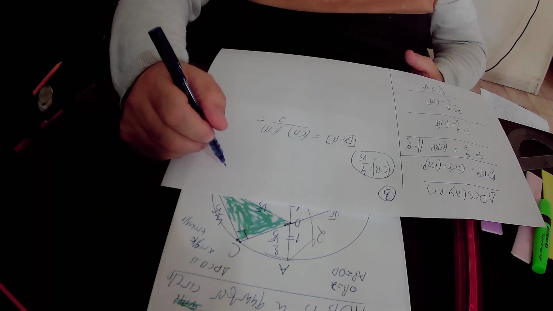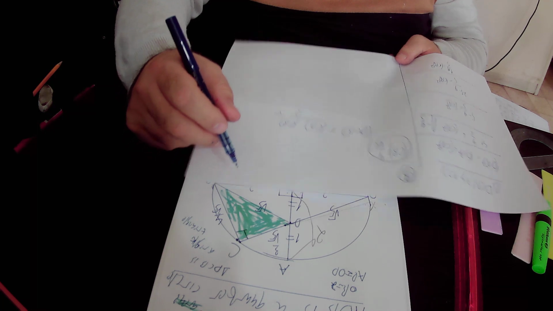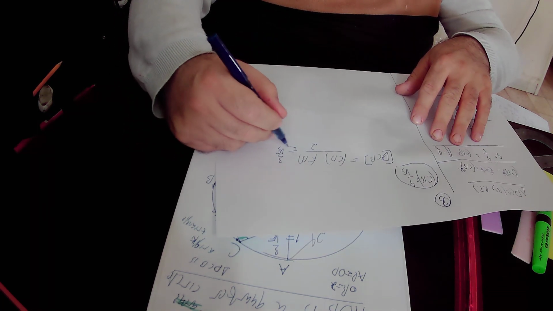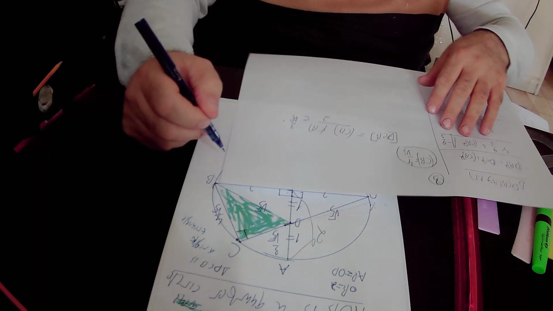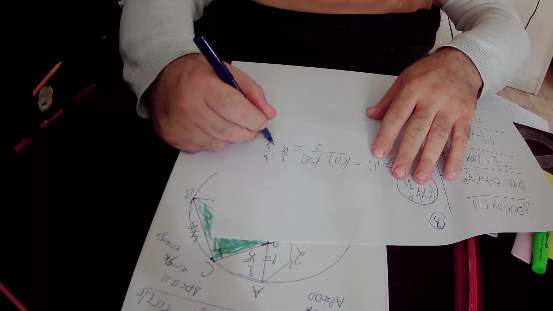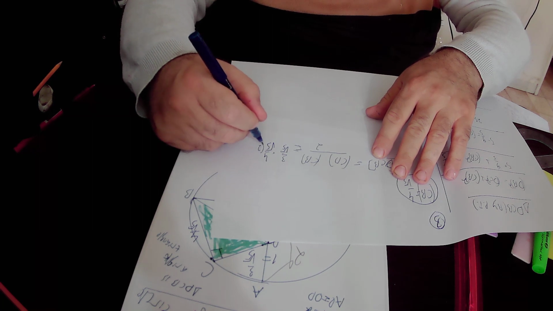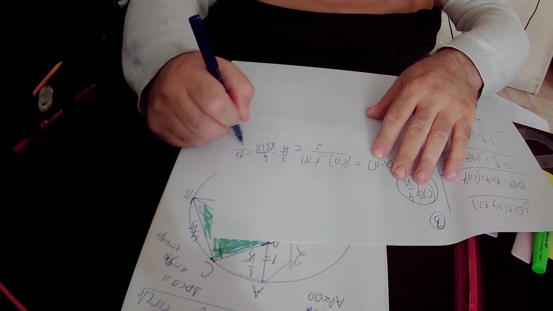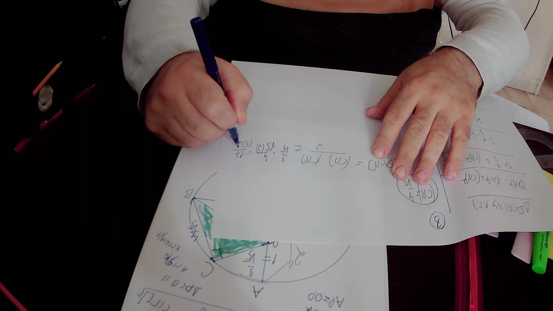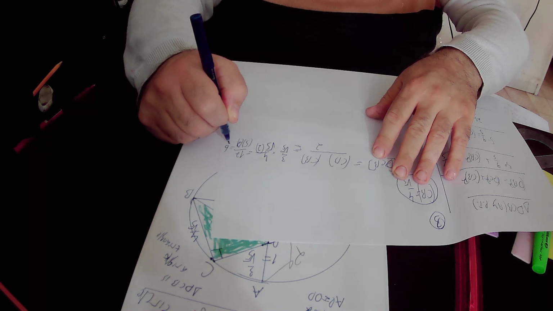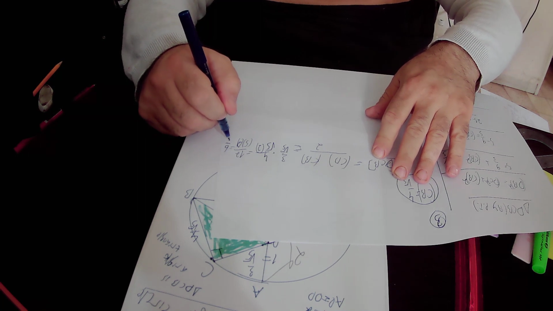So DC or CD is 3 over square root of 5 units, times CB, CB is 4 over square root of 5 units, all divided by 2. Here 3 times 4 is 12, square root of 5 times square root of 5 is 5, times 2. 12 over 2 is 6, in the denominator we are left only with 5.